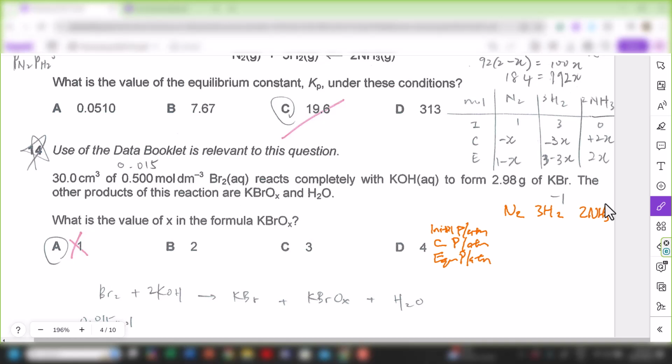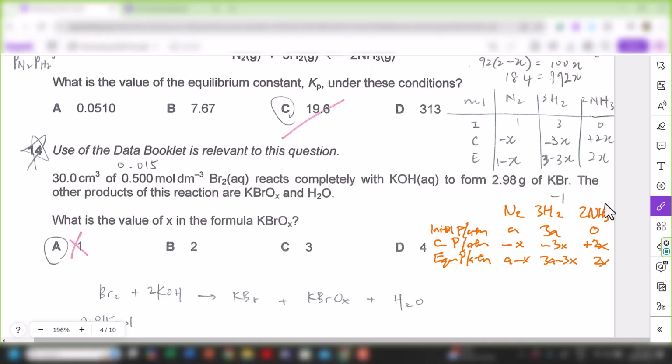I'll let my unknown be A, so this will be A, 3A, and 0. I'll let my change be x, so that's minus x, minus 3x, and, oh sorry, not 0, plus 2x. And then the equilibrium partial pressure will be A minus x, 3A minus 3x, and 2x.